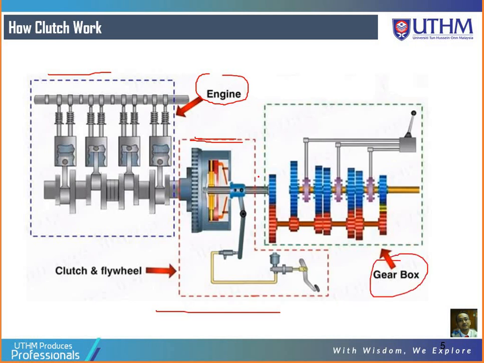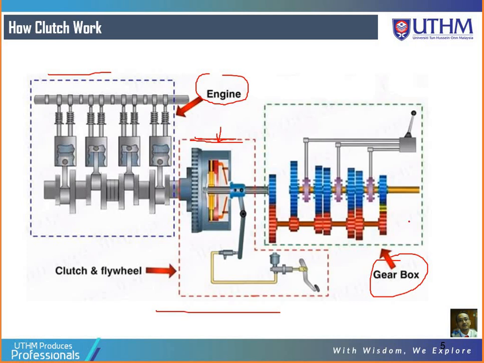Any time the clutch is in disengaged mode, the rotation or torque produced by the engine cannot be transferred to the gearbox. When the engagement of the clutch is activated, all the rotation and torque produced by the engine can easily be transferred to the gear.